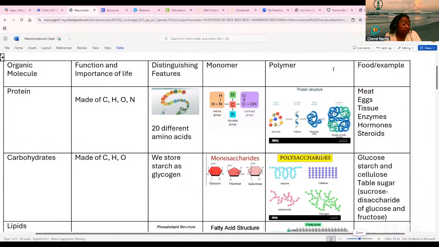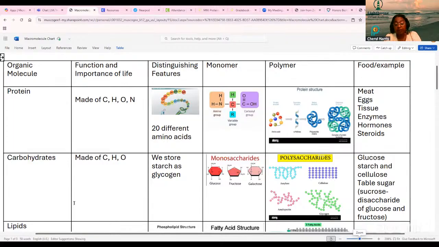So all of these molecules are made up of carbon, hydrogen, oxygen, and maybe something else. Proteins have nitrogen in them. That's what makes them special. Carbohydrates don't have nitrogen in them at all. So they are hydrates. The important thing with a carbohydrate is the water molecule that it forms, but it's carbon attached to water molecules.